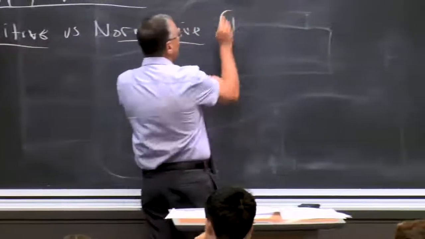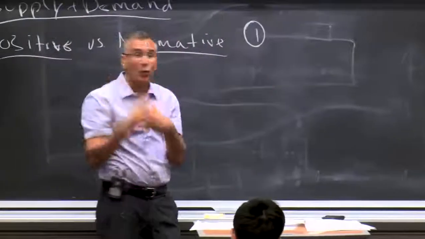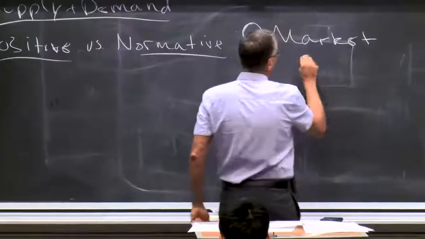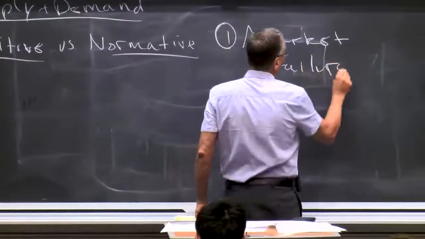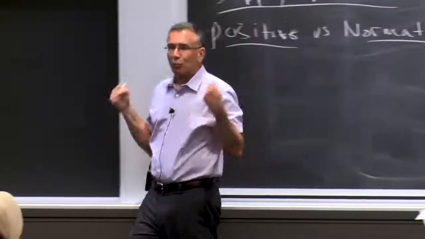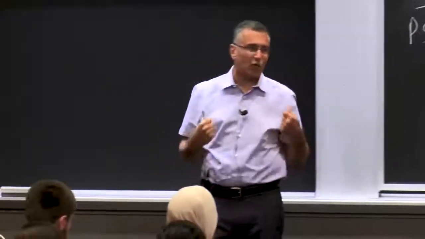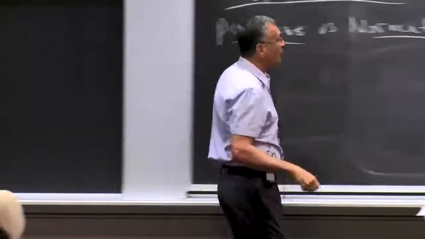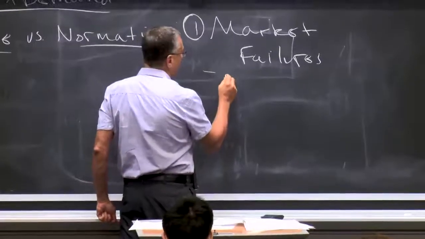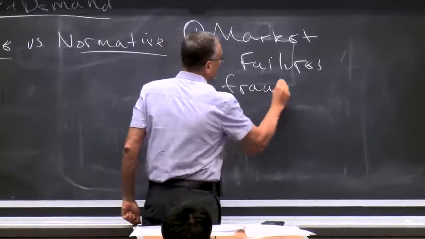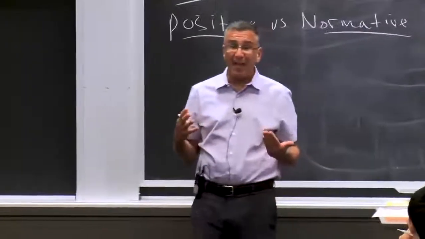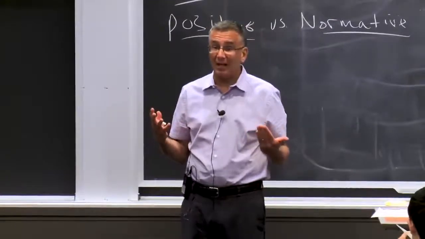Right. So the first type of problem comes out of the category we call market failures. Market failures are reasons why the market doesn't work in the wonderful way economists like to think it should. So, for example, this answer puts up there could be the problem of fraud. Okay? People might not be able to tell if they're getting a legit kidney or not.